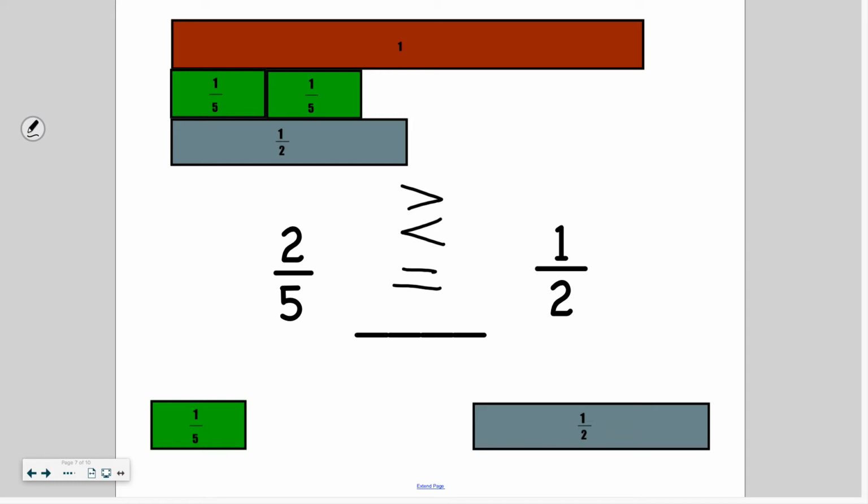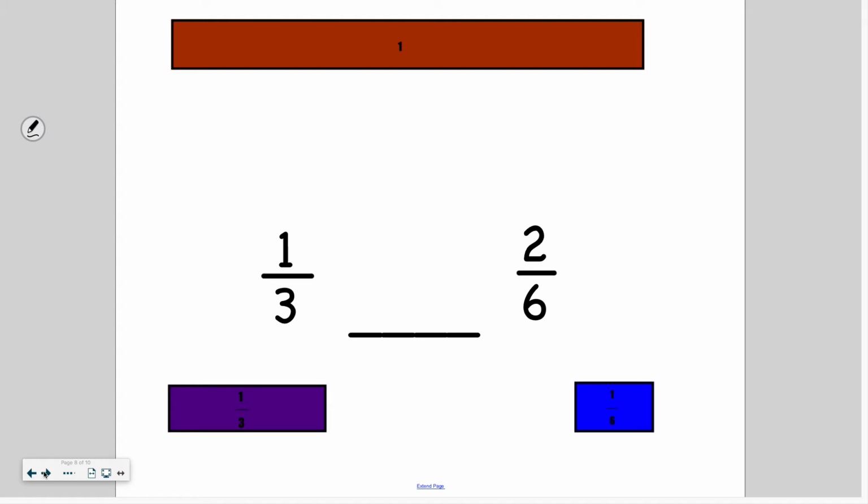And remember, the open side always opens towards the greater value. So I would use the less than symbol. 2/5 is less than 1/2. The open side is towards the 1/2. This is the greater than symbol, the less than symbol, and the equal to symbol.